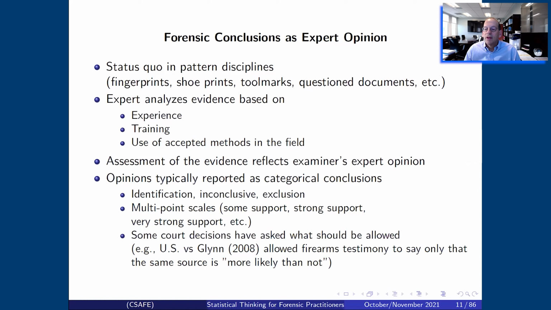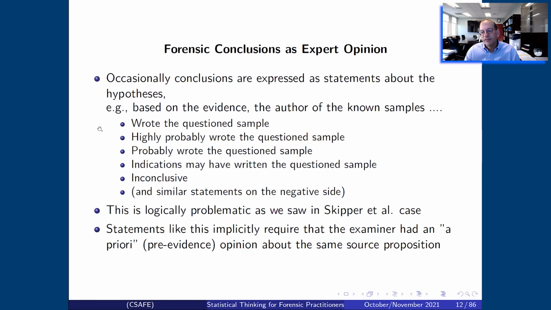That is, can we say there's strong support? Can we say it's an identification? Or can we only say more likely than not? As you all know, there's been a lot of pushback against phrases like to a degree of ballistic certainty, things like that, which are very, very difficult to interpret and don't appear justified.